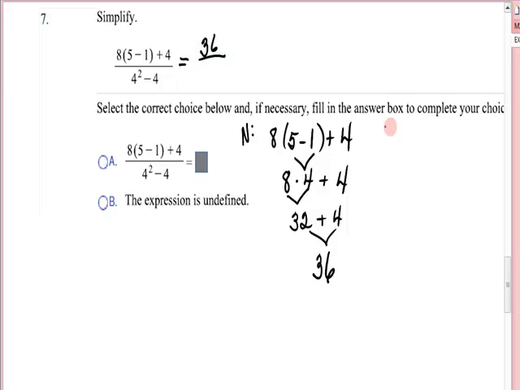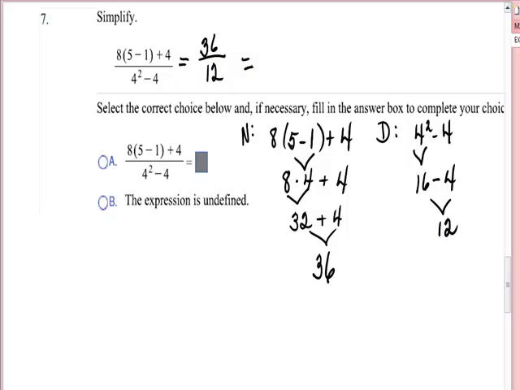And now I need to look at the denominator. I have 4 squared minus 4. Parentheses, there aren't any. Exponents, yes, right here. 4 to the second power means 4 times 4. So that's 16 minus 4, which is 12. The denominator's value is 12.